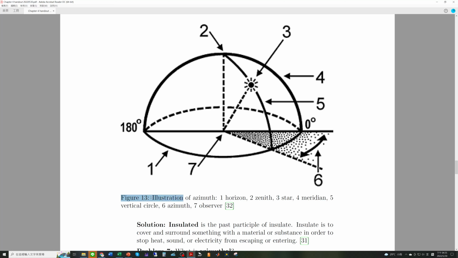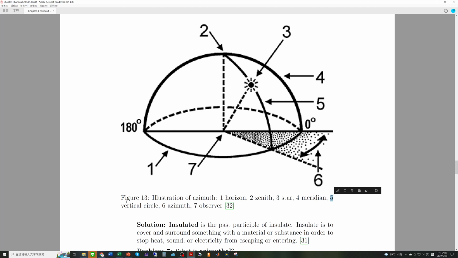So figure 13 is the illustration of azimuth. Number 1 is horizon, this one. Number 2 is zenith, this point. Number 3 is star, here. Number 4 is meridian, this one.